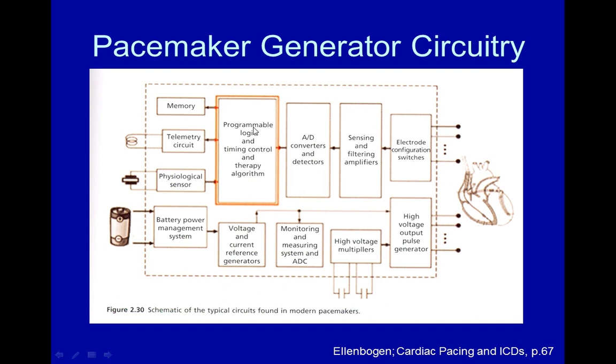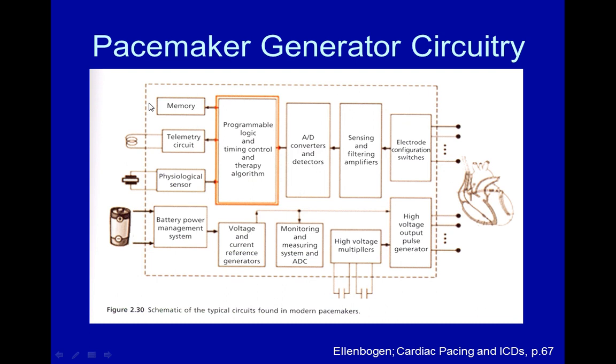That information is put into this control center, and then the control center makes a decision whether or not it's going to send a pacing impulse back out to the myocardium. So that's really the key system that the pacemaker circuit works with.